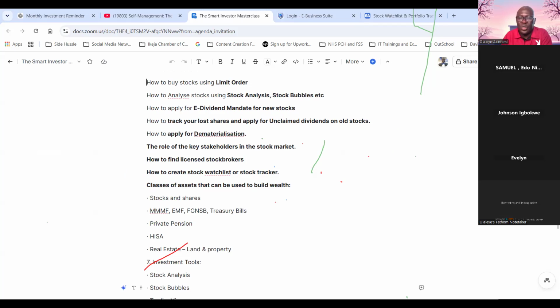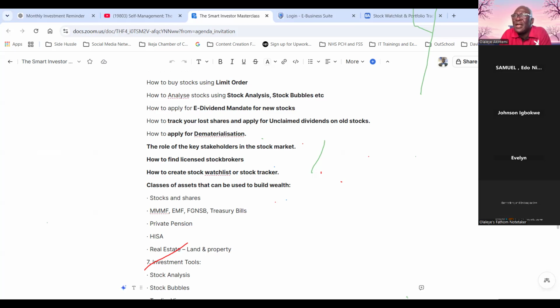Every time I buy stocks, Stanbic will send me a link, and that link will take me to a vault where I can find all the forms for all the registrars. I can fill the form for the relevant registrar and then send the form manually through email. But why do I want to download the form, fill it, attach a document to read, and then send it by email? Why do I want to do that?